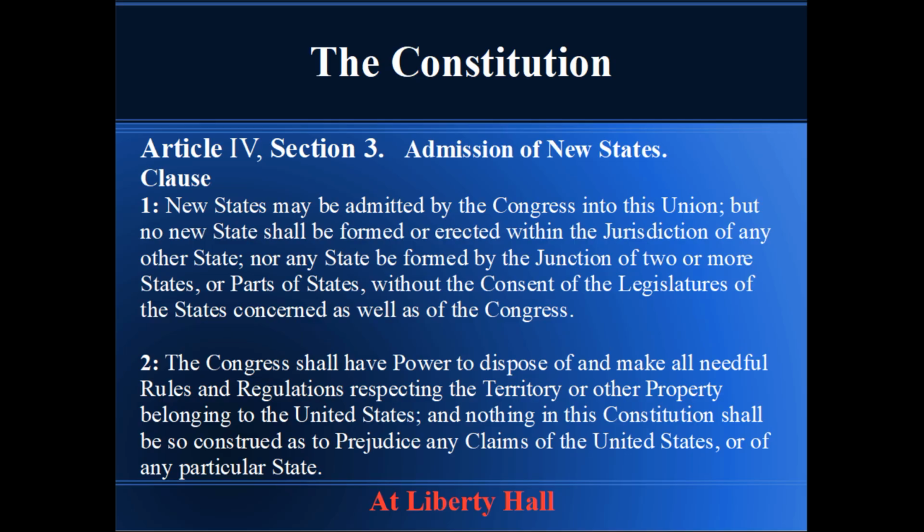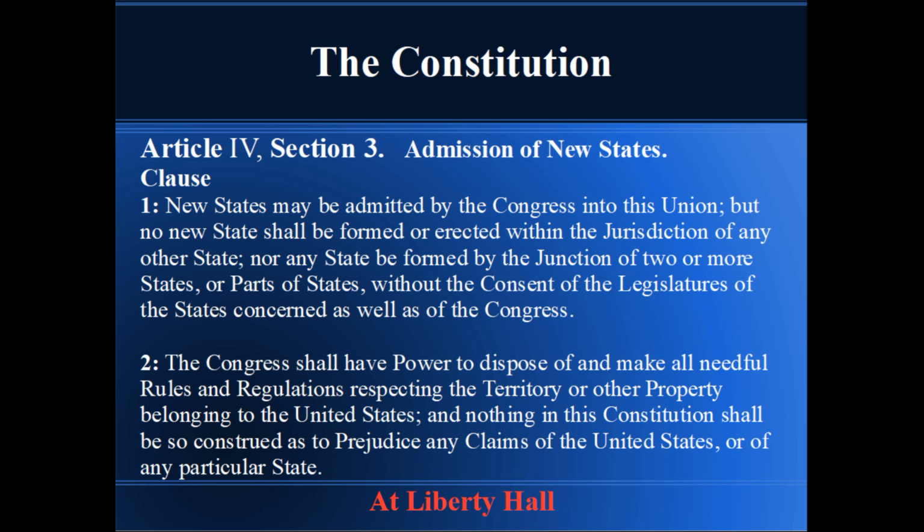Article 4, Section 3, Admission of new states. Clause 1. New states may be admitted by the Congress into this Union, but no new state shall be formed or erected within the jurisdiction of any other state, nor any state be formed by the junction of two or more states, or parts of states, without the consent of the legislatures of the states concerned, as well as of the Congress.